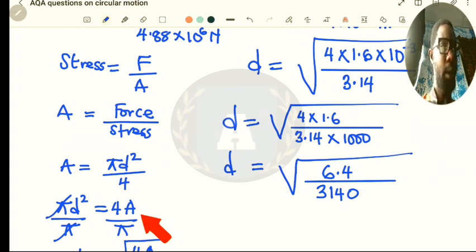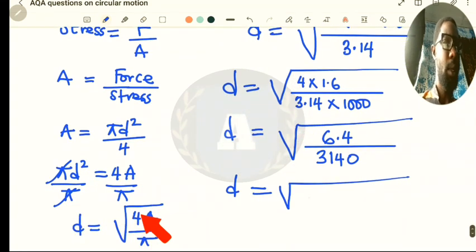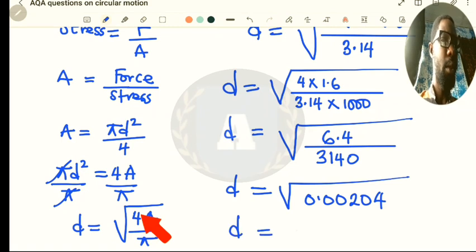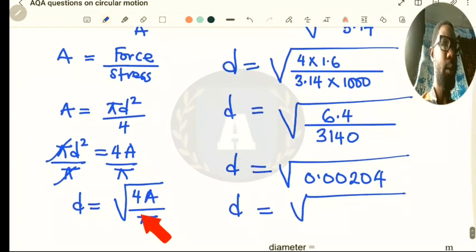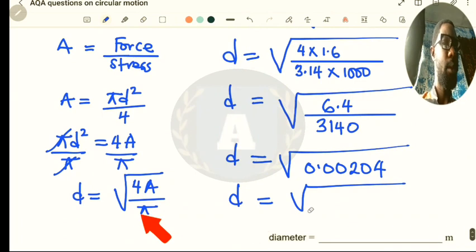Dividing 6.4 by 3140, we get 0.00204, and we have to find the square root of that.